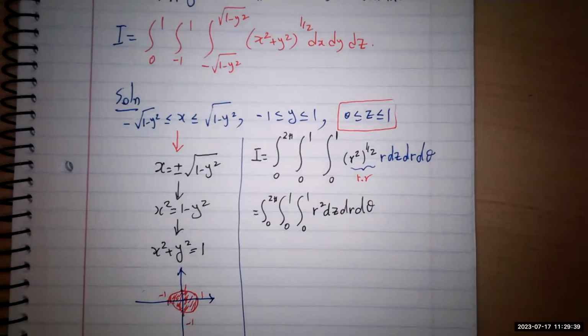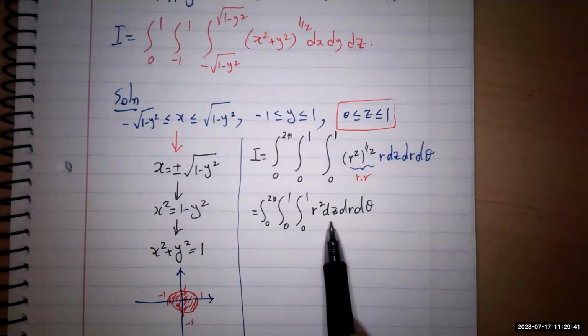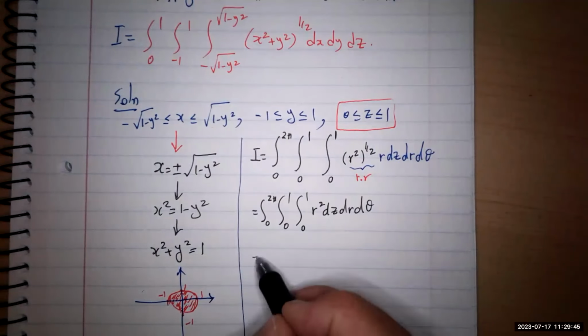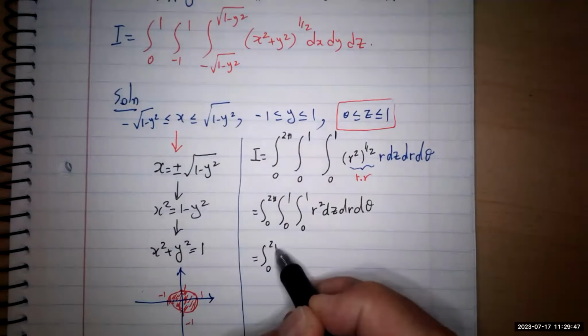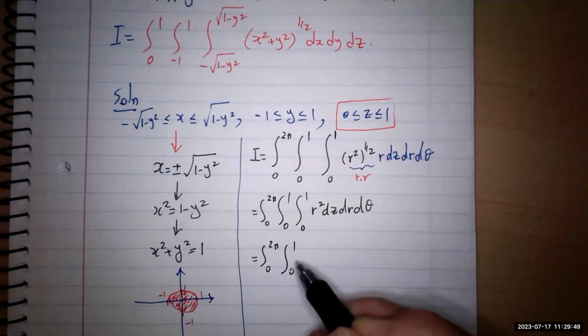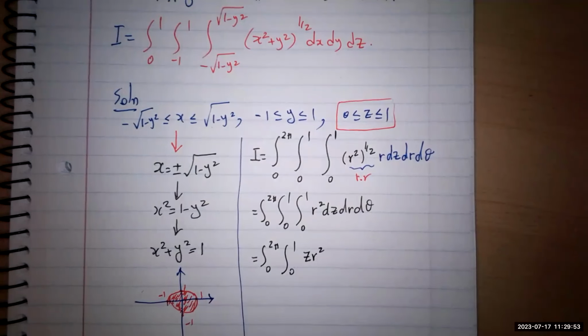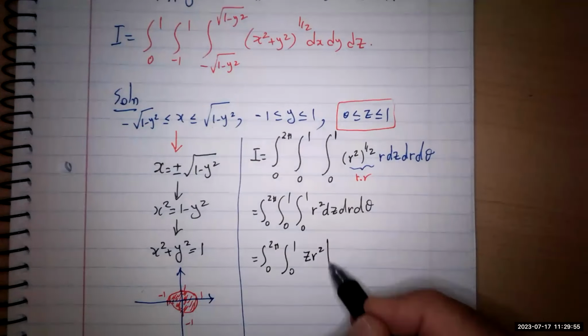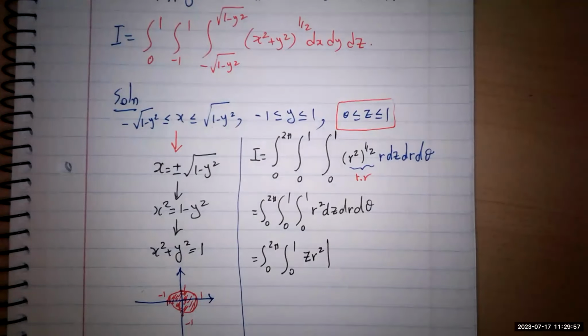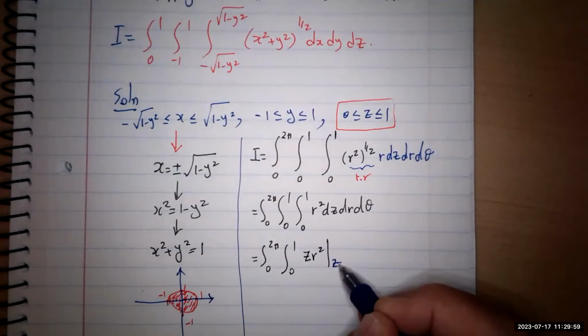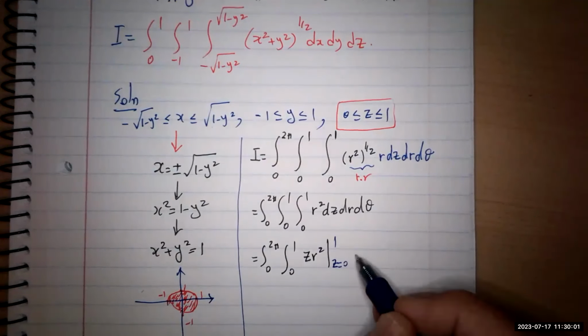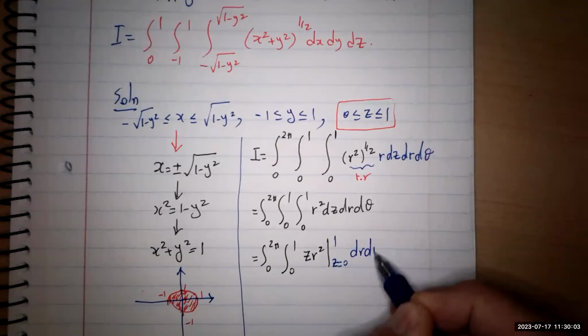Okay, so integrate with respect to z first, which is constant. So that gives you 0 to 2 pi, 0 to 1, and this would simply be z r squared, with z going from 0 to 1. And when we're done, we do the dr and the d theta.